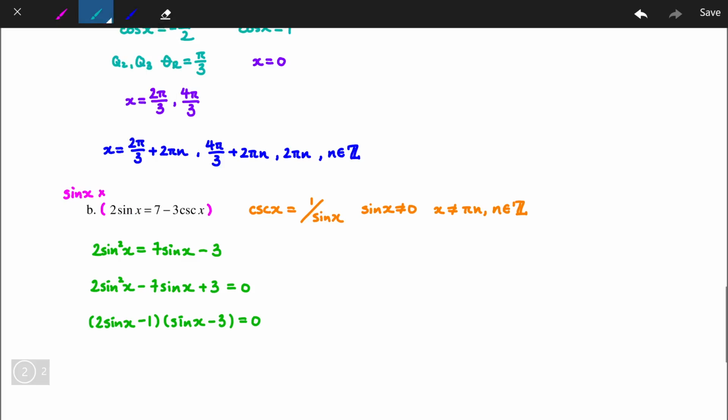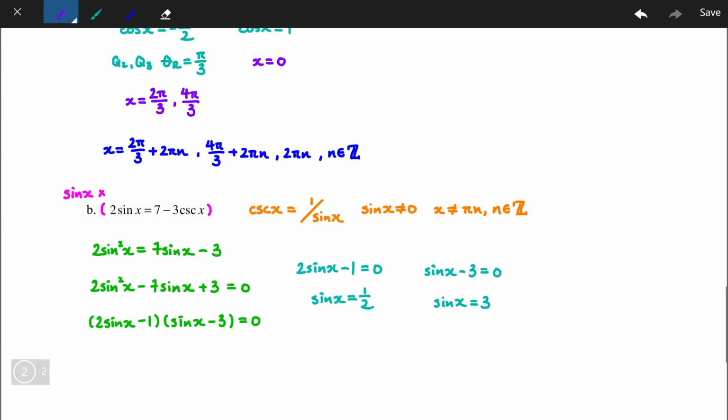So we have two factors, just as we usually do for this kind of question. The first factor is 2 sine x minus 1. We set it equal to 0, which means sine x is equal to 1 over 2. And the second part is sine x minus 3 equal to 0, and sine x then is equal to 3, which, as we know, produces no solutions, which is good.